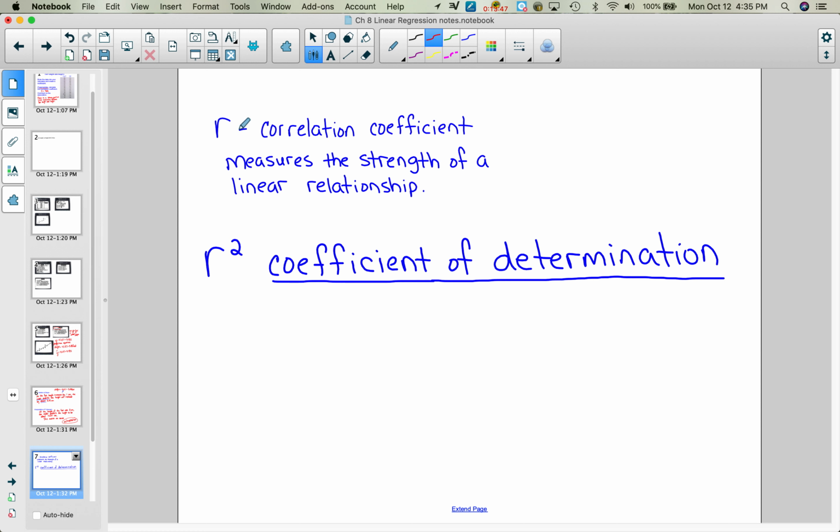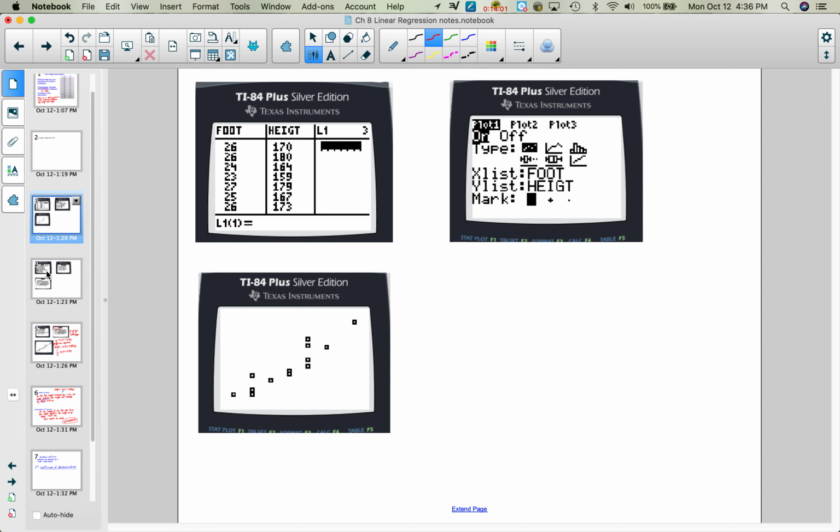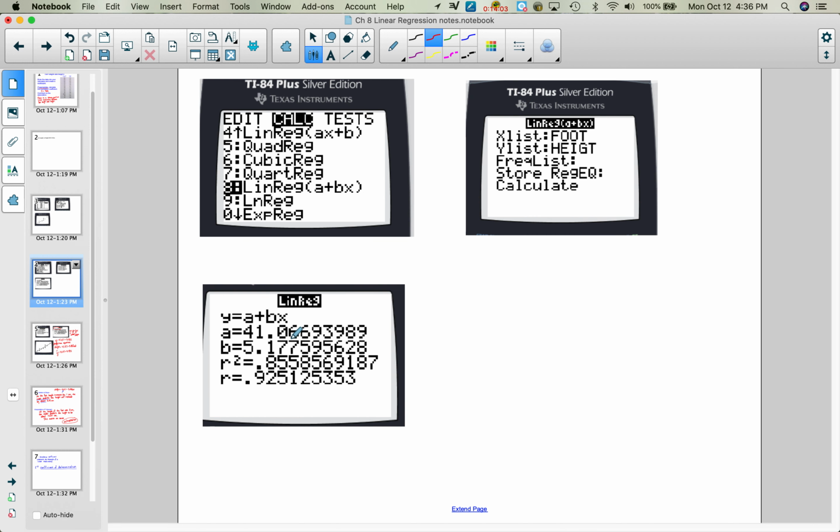So we've already talked about R, which represents the correlation coefficient and measures the strength of a linear relationship. We talked about that already in Chapter 7. But your calculator also reported the value of R squared, right here.